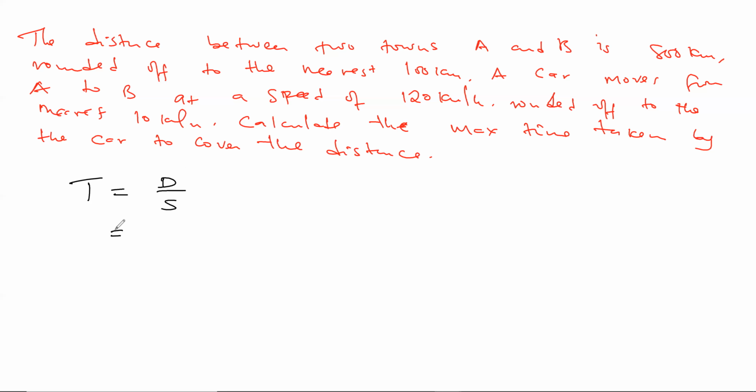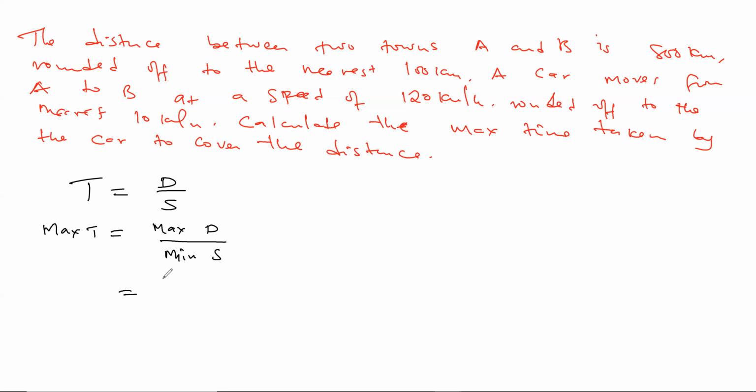Now wananiuliza maximum time. So if I want to get maximum time, then I'll say maximum time equals to maximum distance, alafu divide by minimum speed. So the maximum distance is 800, but the error is plus or minus 50.